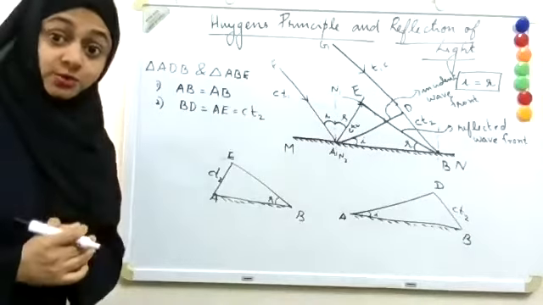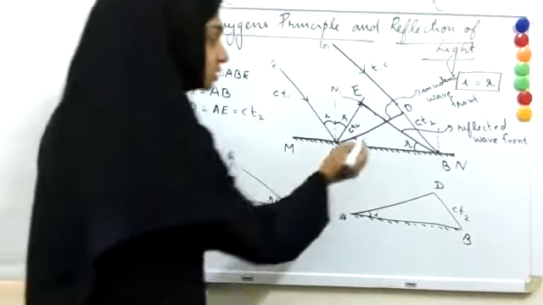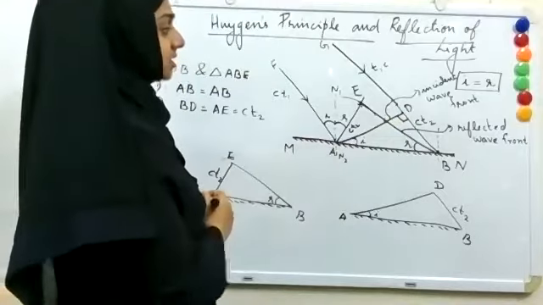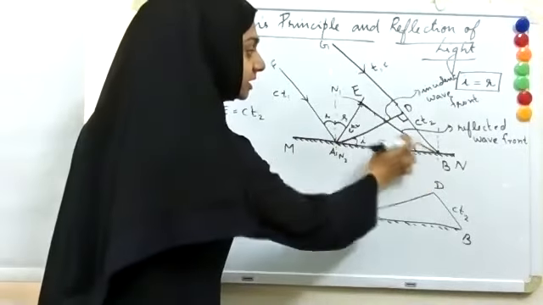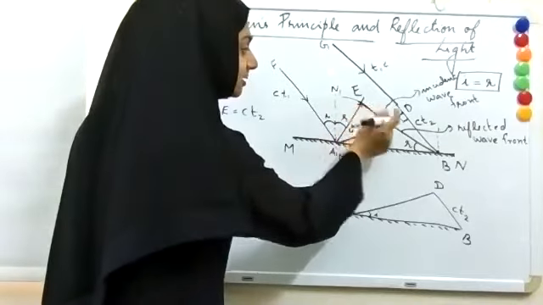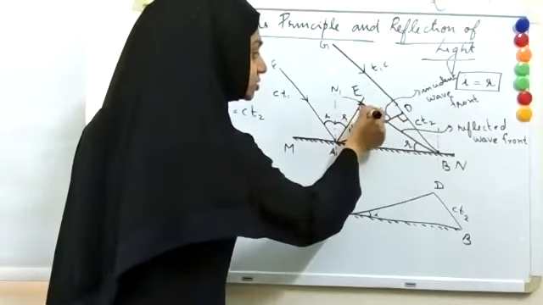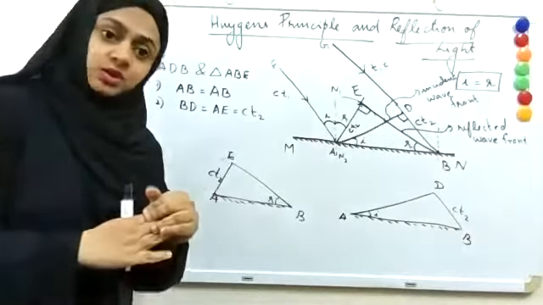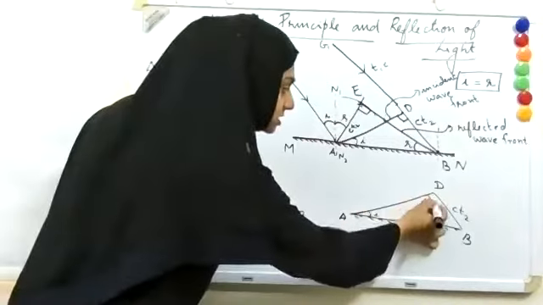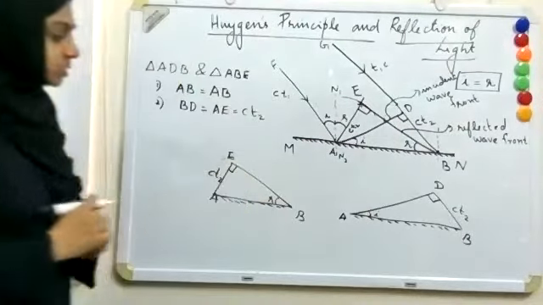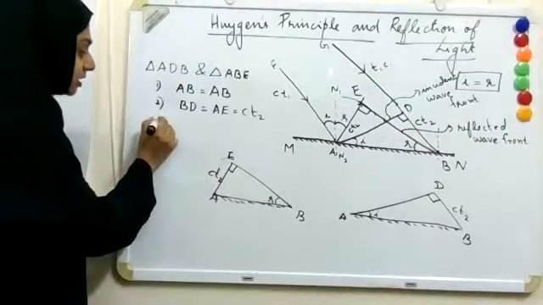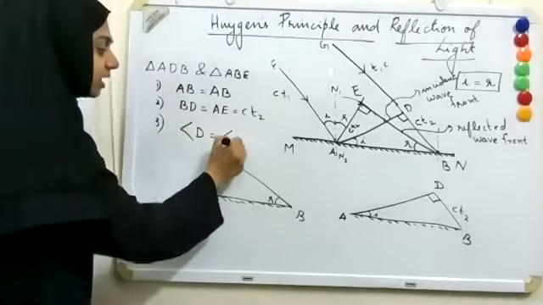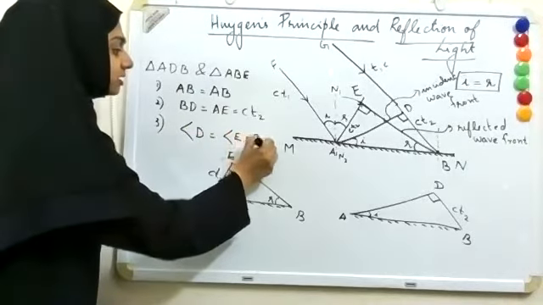So two sides are equal, right? And what is the angle between the wavefront and the incident ray? 90 degrees. And the angle between the reflected ray and the reflected wavefront should also be 90 degrees. The ray of light and the wavefronts are always perpendicular to each other. So angle D is equal to angle E, which is equal to 90 degrees.